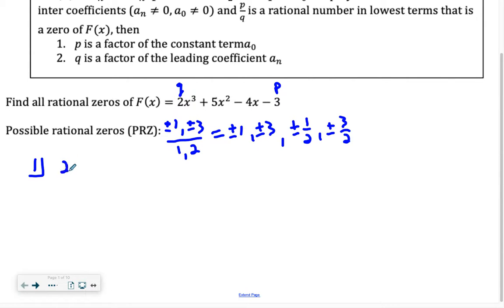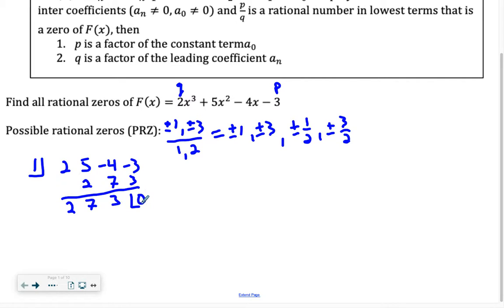So I'm going to list out my coefficients of my polynomial, and we will synthetically divide. So bring that 2 straight down, multiply 1 times 2, add, multiply, add, multiply, and add.